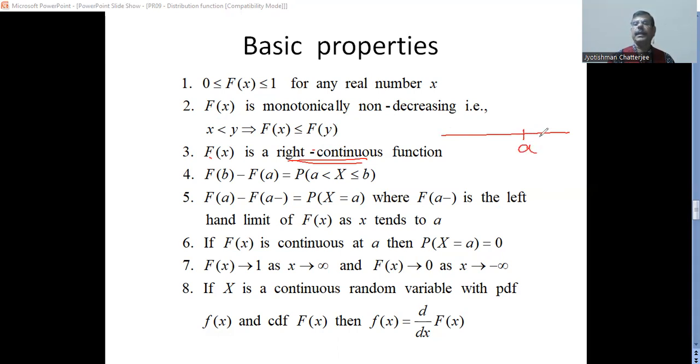Suppose this is a point A. Now, suppose the graph of f is like this. Suppose the value of the function at A, f of 3, is equal to 0.5.